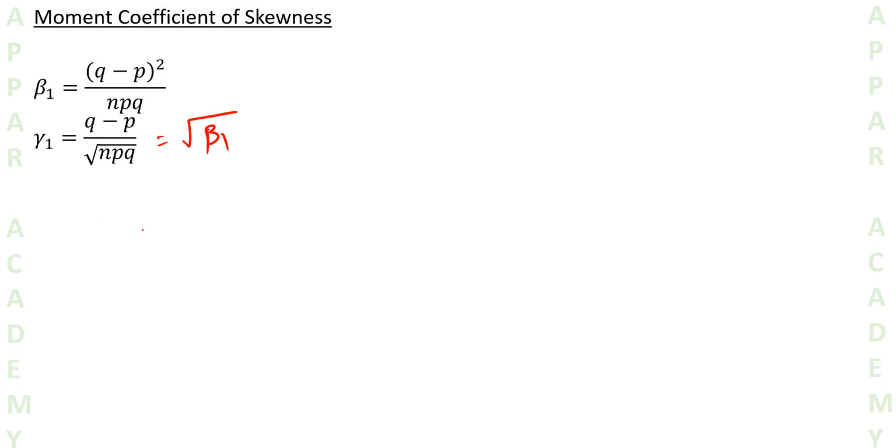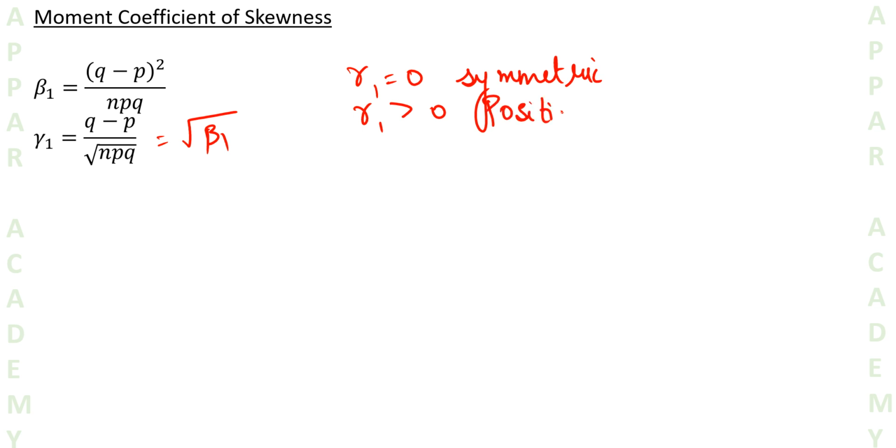Now again, if we want to compare, if gamma 1 is equal to 0, then the distribution is symmetric. If gamma 1 is greater than 0, then the skewness is positive. On the other hand, if gamma 1 is less than 0, it is negative skewness, or the distribution is negatively skewed.